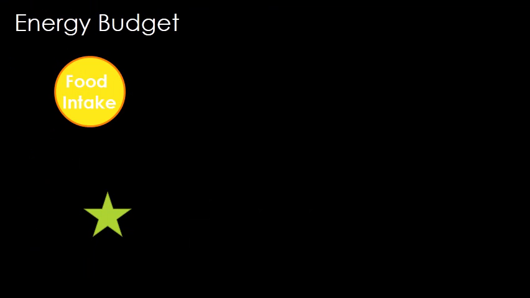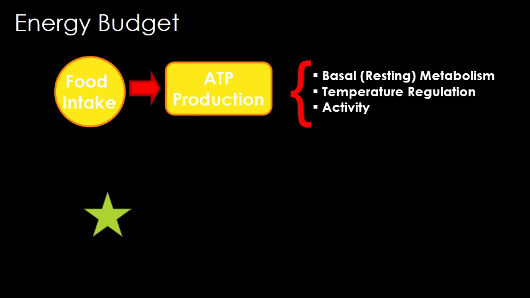But once you have that food, the way you use the food is determined by your energy budget. Now, the energy budget is going to be different from organism to organism and from location to location, but the general energy budget is going to have a 3-tiered system. The first use of energy will be for ATP, maintaining that resting metabolism, maintaining the temperature, doing the activities that your body requires.